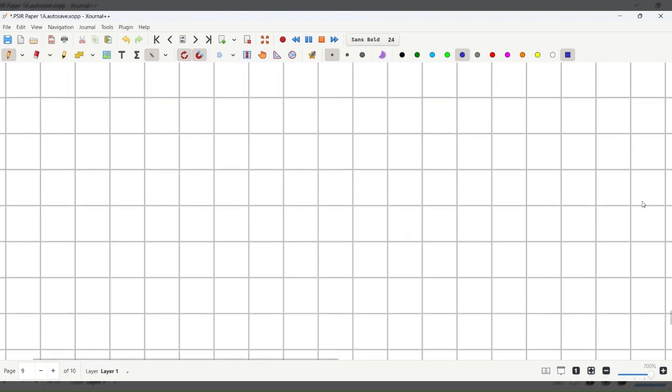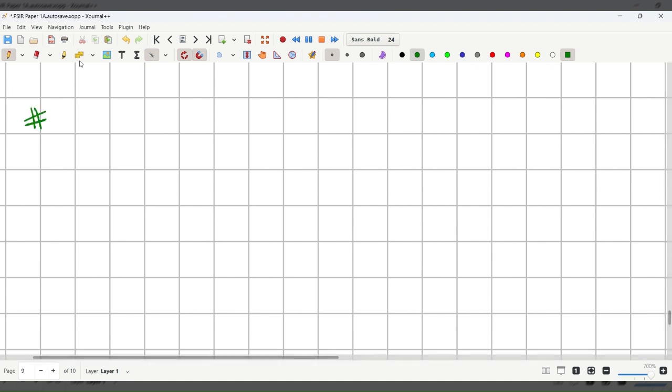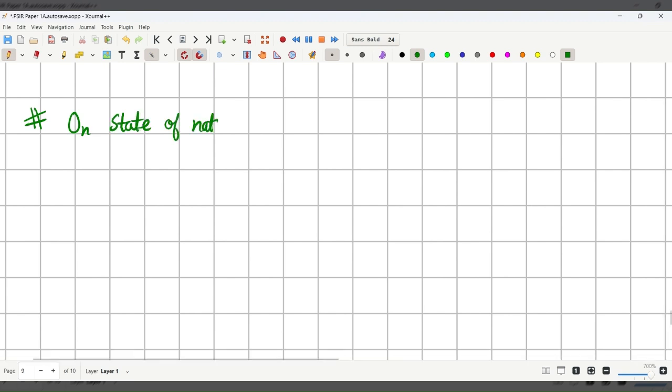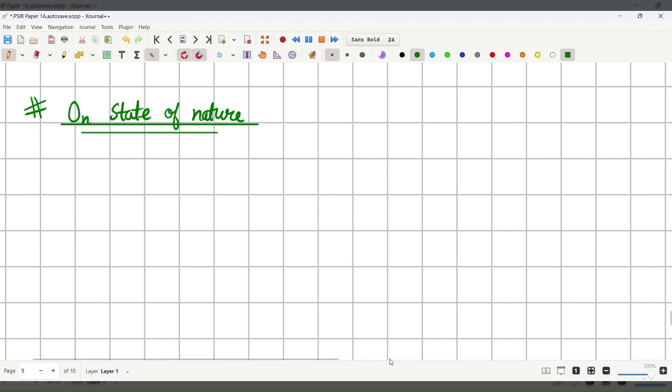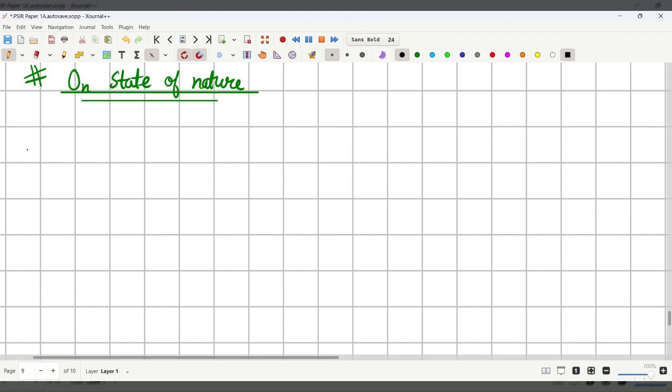Okay, so now the topic of Hobbes' individualism and absolutism and the contradiction between them is done. So now we'll quickly read about his state of nature. Okay, so now Hobbes' views on state of nature.